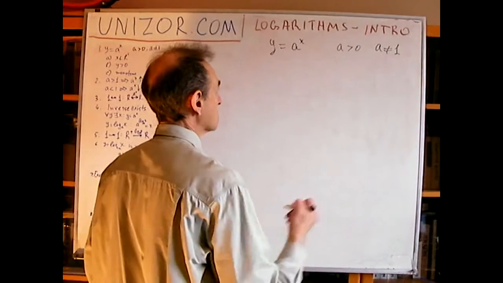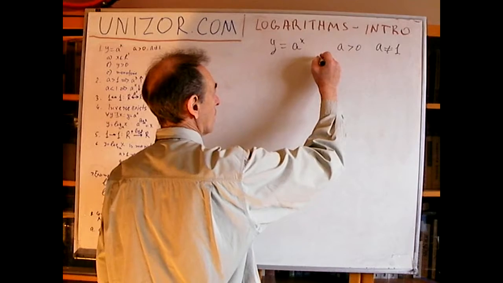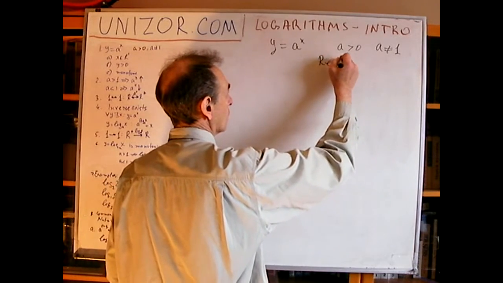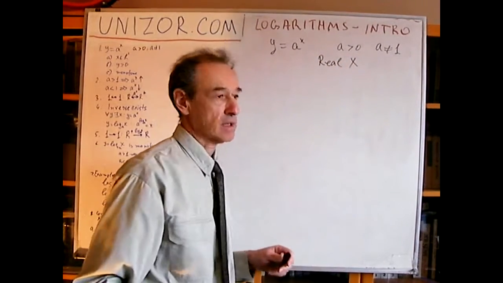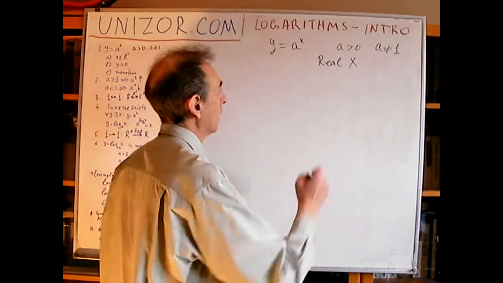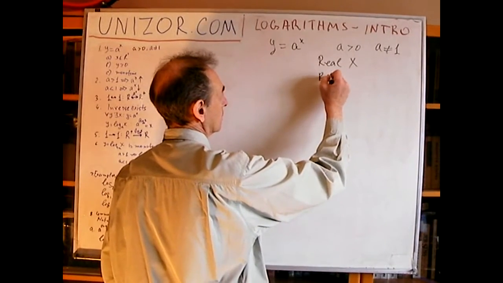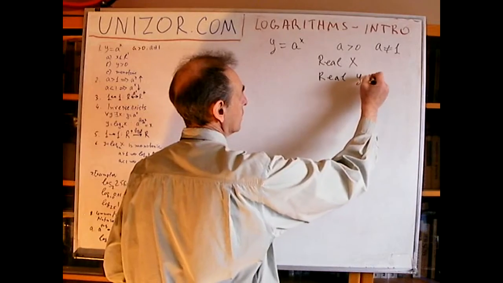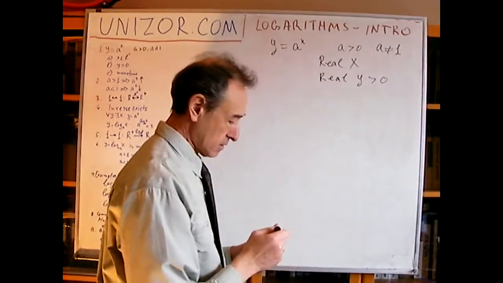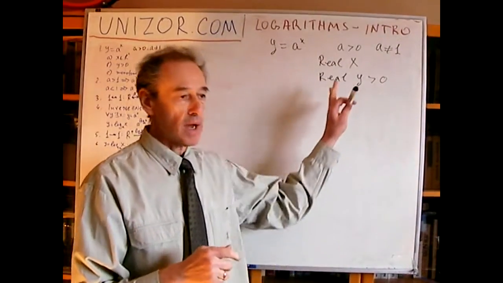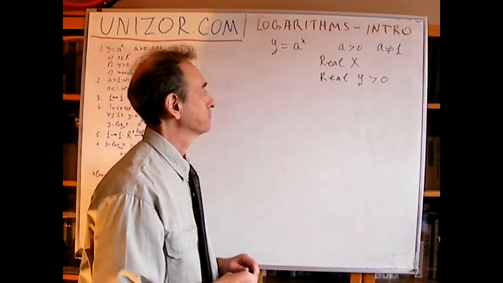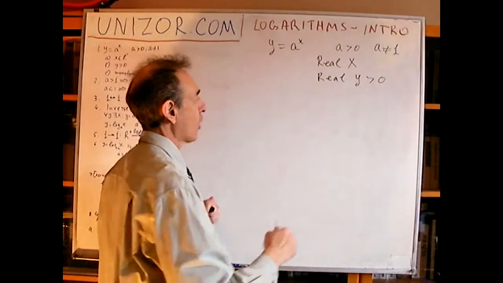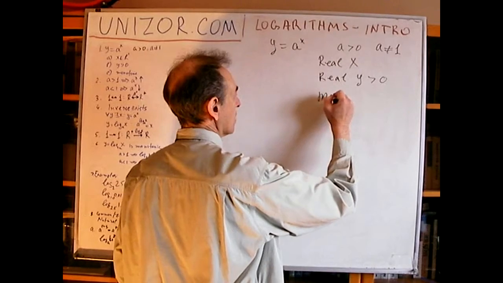Now, it's obviously defined for all real values of x, and y is also real, and it's greater than 0. I'm just reminding basic properties of this. Another basic property is that the function is monotonic.